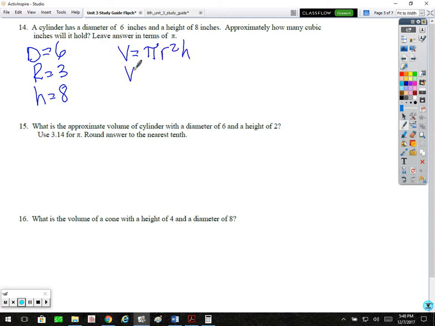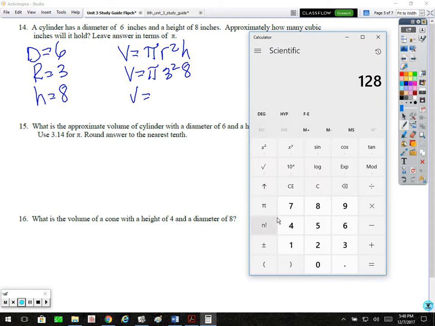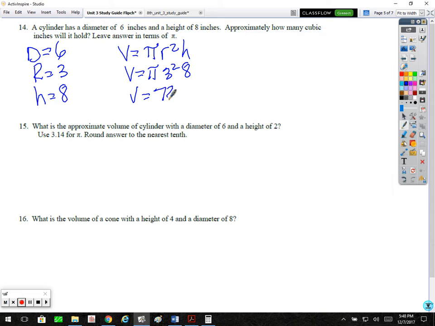Now I think we got it. Volume is pi, 3 squared times 8. Remember, we're not going to put it in our calculator, so 3 squared times 8 should give me 72 pi. That looks more like it. Sorry, guys. 72 pi is the answer for that one.